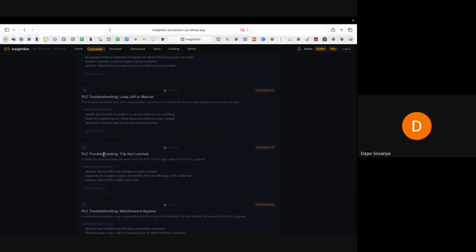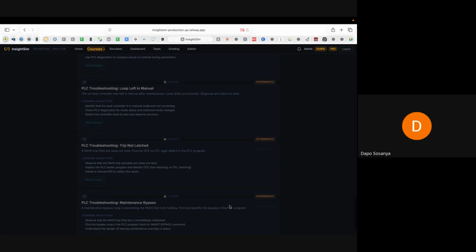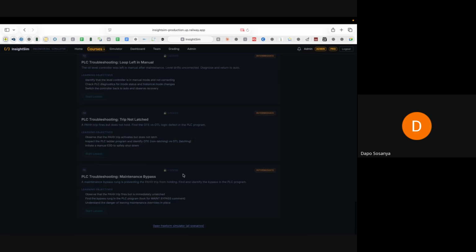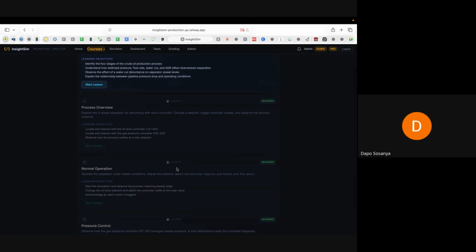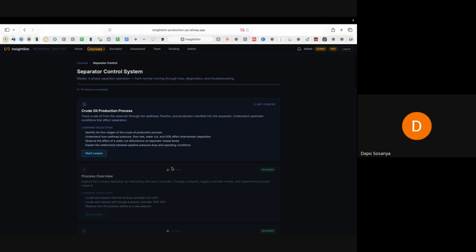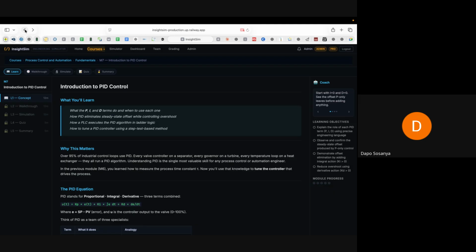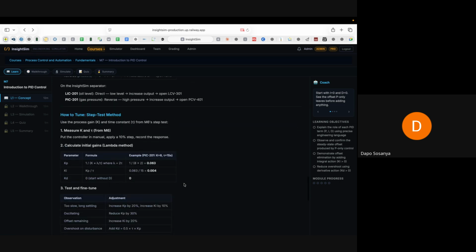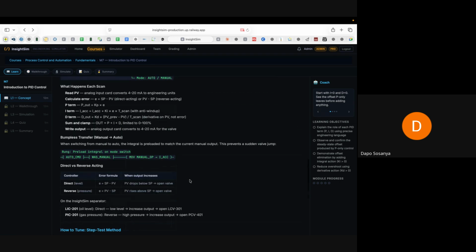And then this one is PLC not latched, and then maintenance bypass. This is a very comprehensive case study, patterned after an actual industrial process, and so many of those case studies are coming up and will be on the platform.